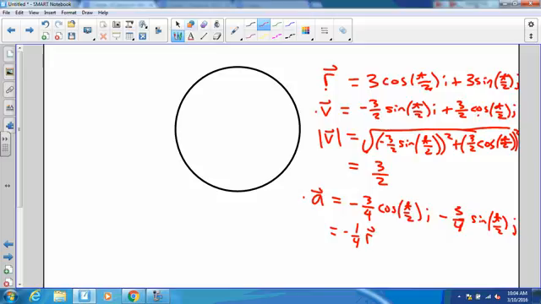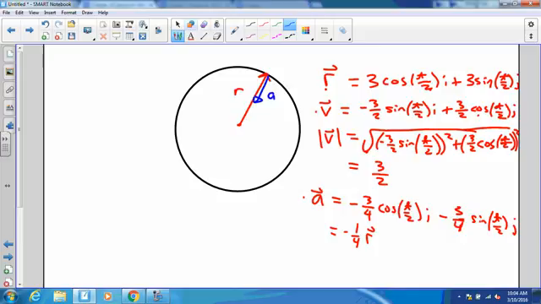This does not always happen, but it does happen in the case where an object is moving along a circle with constant speed. And in physics, we call this constant circular motion. And it's a very famous model for objects as they move around things. Notice that we pointed out earlier that the velocity and the position vectors are perpendicular to one another.